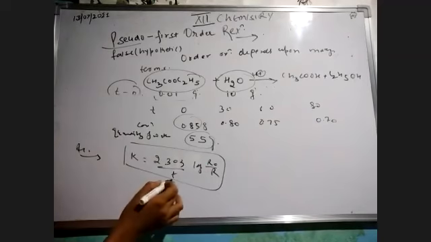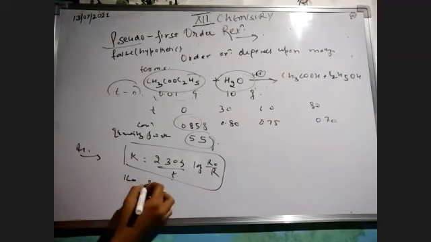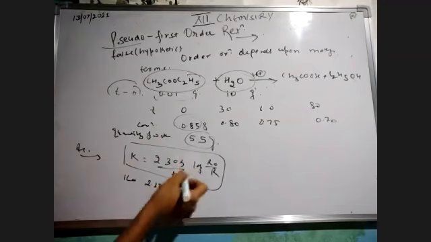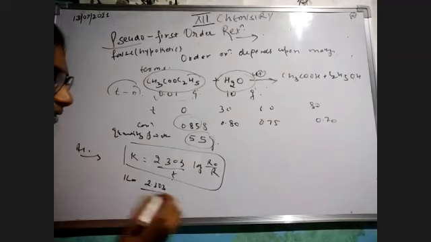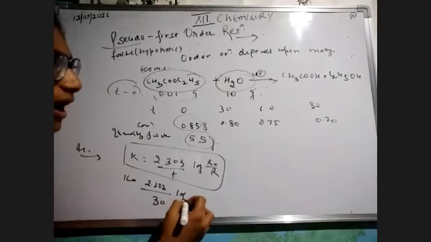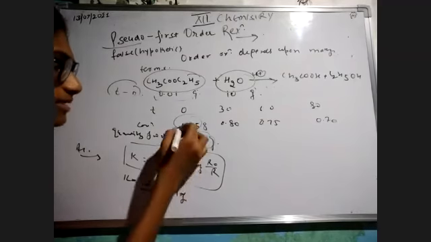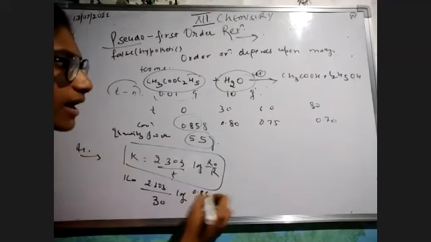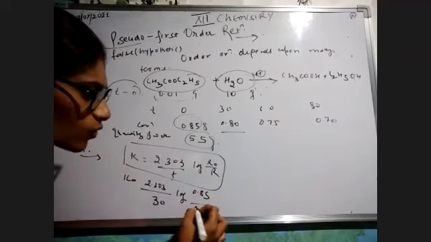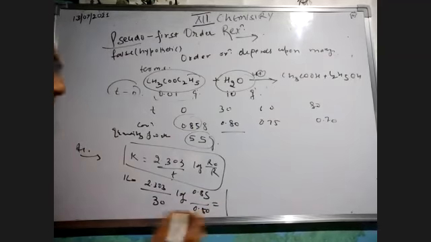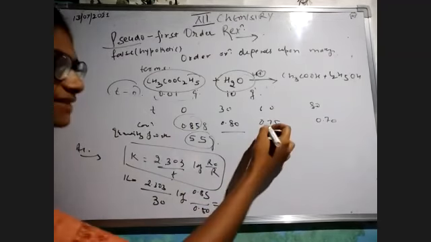For different times: time 0 is not possible, that would be infinite. For 30, log R naught is given to us as 0.85, R is 0.80, we will solve it. The same for time equals 60 and for 80.